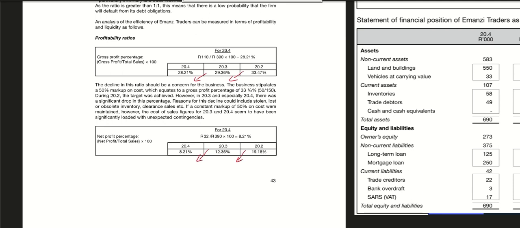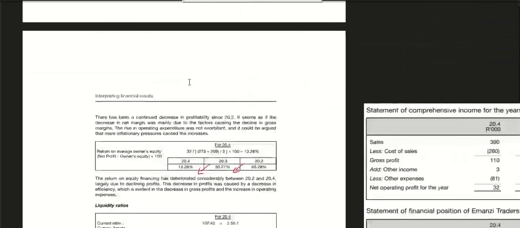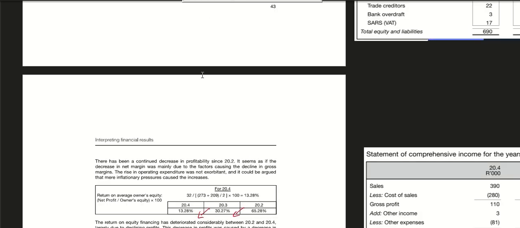But let's go quickly to the net profit percentage. We can see also that it is decreasing. And remember, for the net profit, we were talking about how good a company is at managing the other costs. So let me again repeat that.